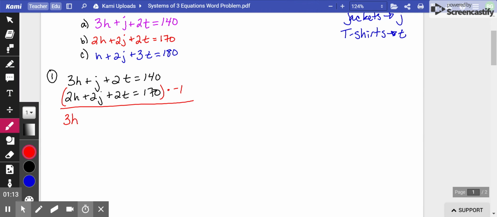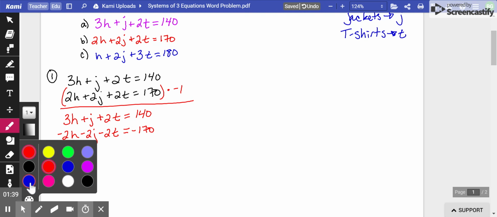So my top equation stays the same, 3h plus j plus 2t equals 140. On bottom, that -1 distributes into every single term. So -1 times 2h is -2h, -1 times 2j is -2j, -1 times 2t is -2t, equals -1 times 170, which is -170.